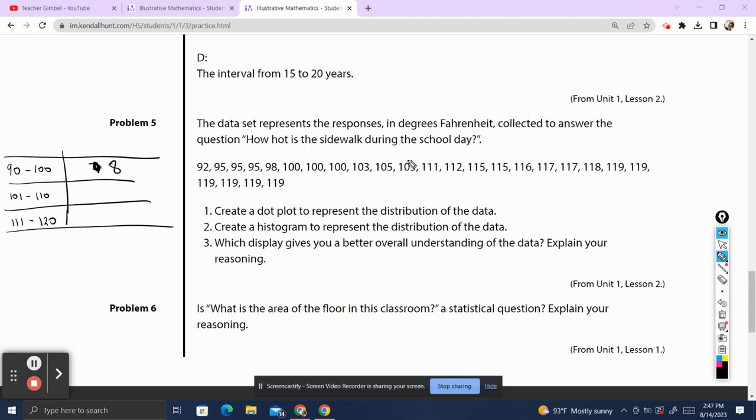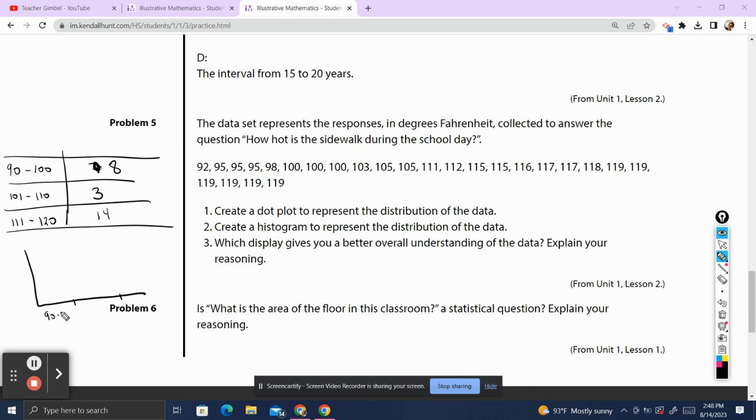We have 3 values between 101 and 110. And then we have 14 values down here.